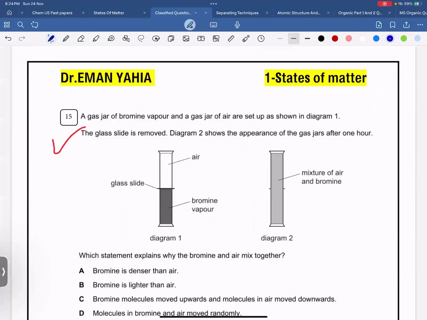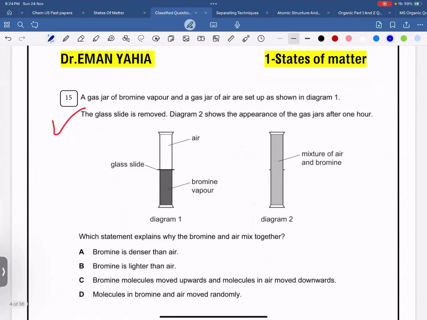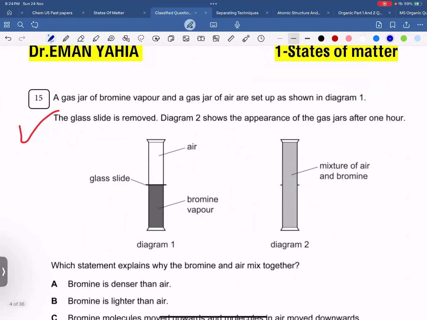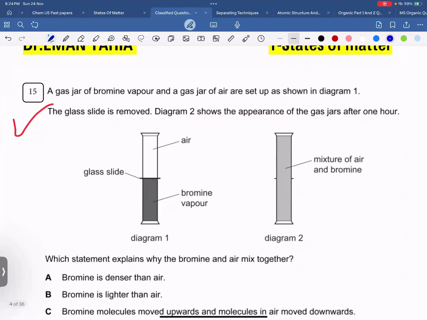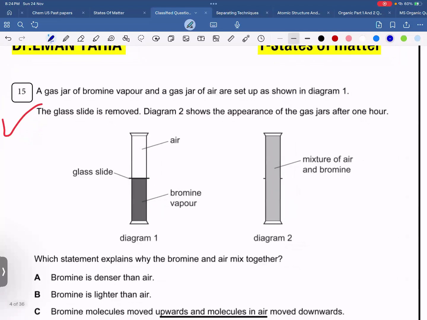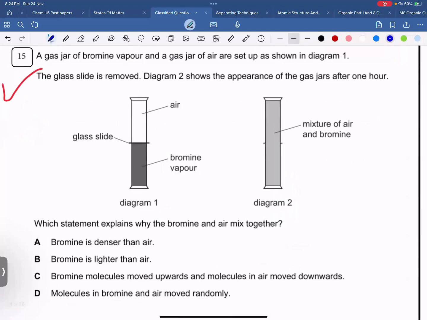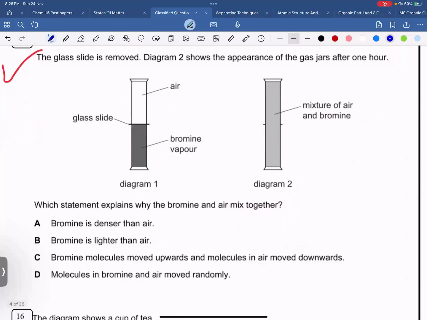And then a gas jar of bromine vapor and a gas jar of air are set up as shown in diagram 1. The glass slide is removed. Diagram 2 shows the appearance of the gas jars after 1 hour. Which statement explains why the bromine and air mix together?